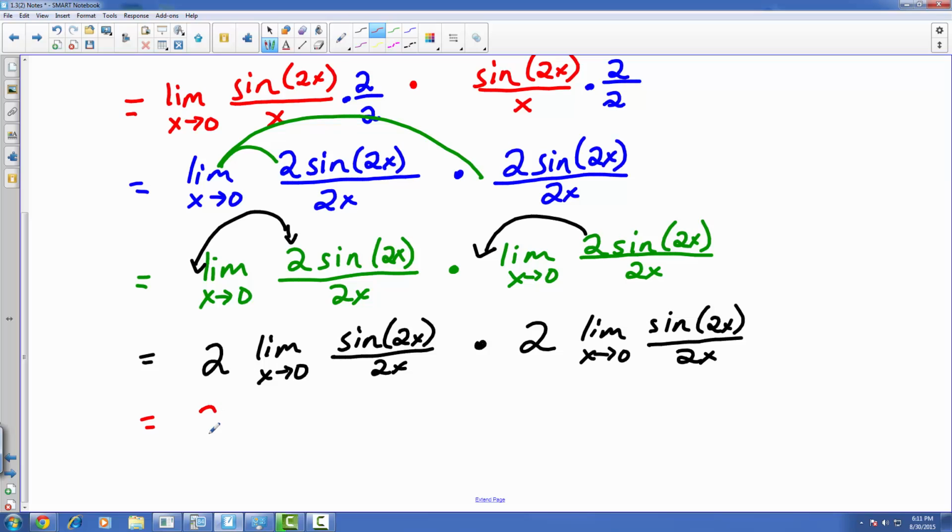So ultimately we really just have 2 times 1 times 2. And again, this limit is exactly the same, so that's just 1. So ultimately, it looks like our limit just comes out to be 4. So again, that is example 4f from our 1.3 number 2 set of notes.